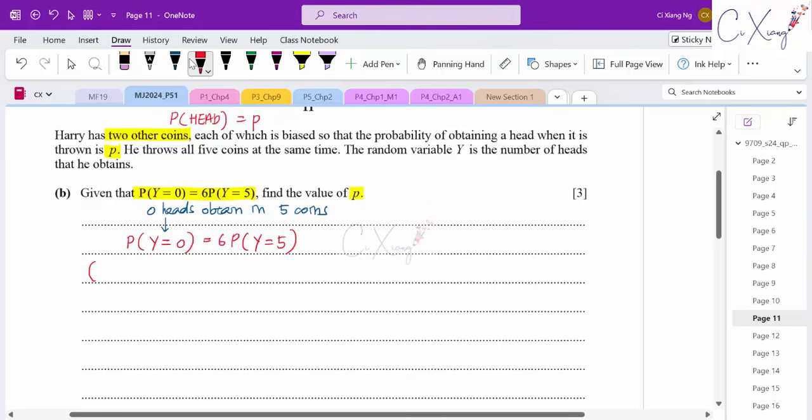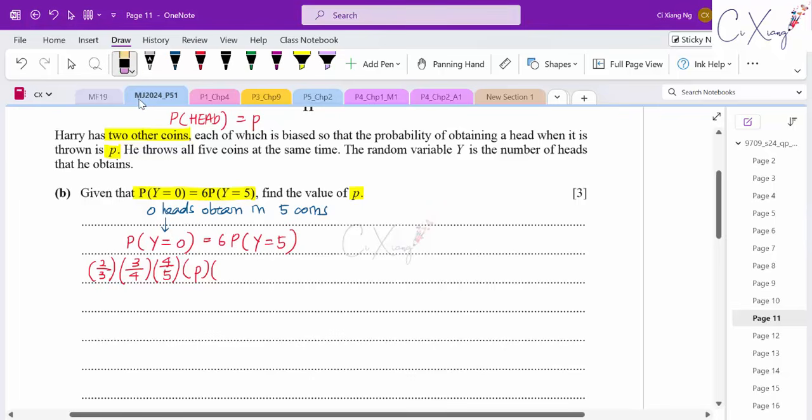For the first coin, the tail probability is 2 over 3. For the second coin, the probability of getting a tail is 3 over 4. And the third coin will be 4 over 5. And don't forget that we still have a fourth and a fifth coin, right? Both of them are the same, which is P multiplied with P.